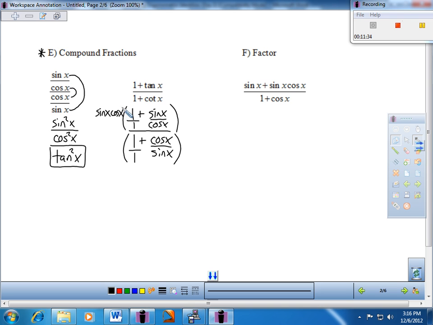And so what we're going to do is multiply the numerator of this overall fraction by that, and then multiply the denominator of this overall fraction by that. So what I'll ask you to do is actually go ahead and draw a few arrows in so you get a sense of what we're going to do with this.